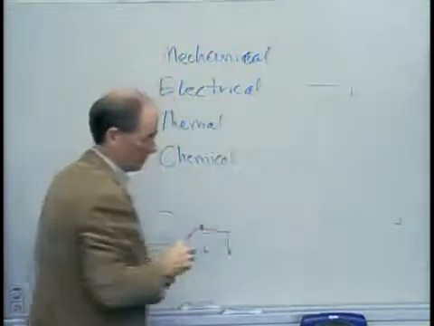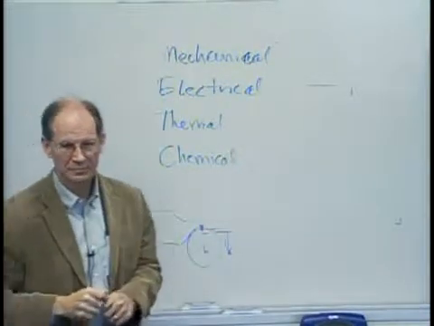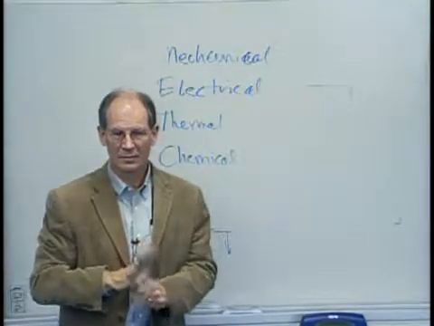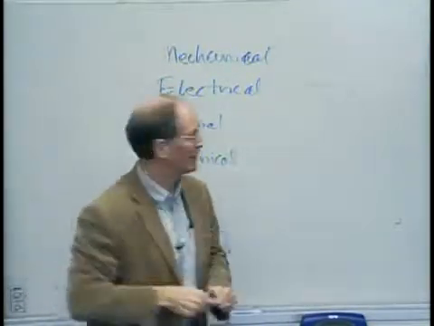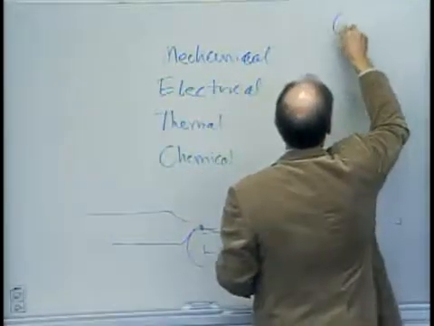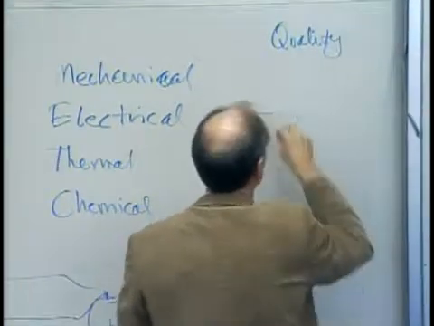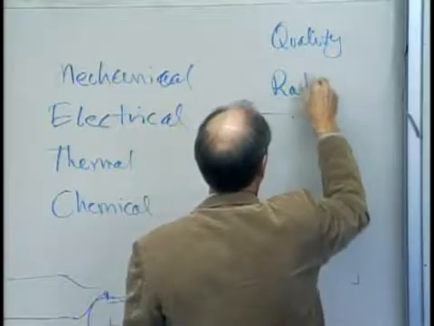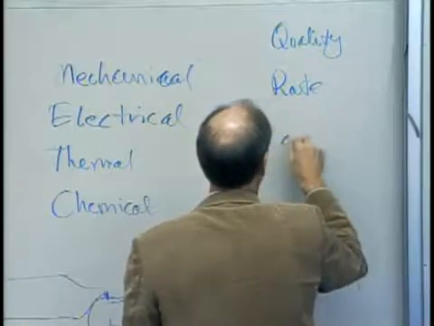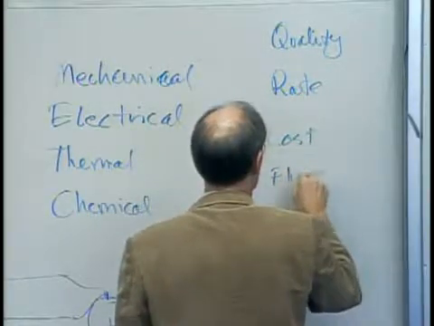It's just energy, right? And again, back to lecture one, what do we care about in a process? Quality, number one in this class, but also we worry about rate, and we worry about cost, and we worry about flexibility.